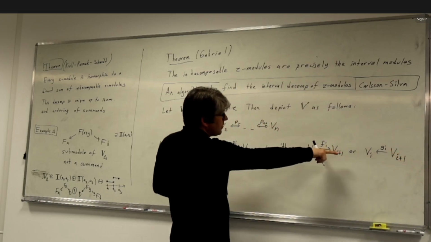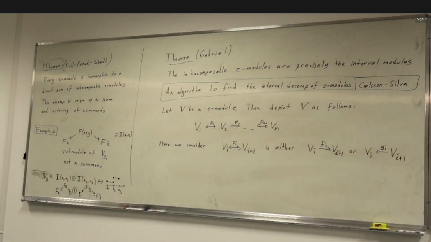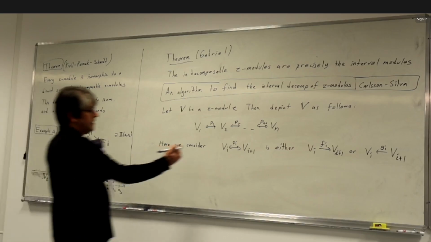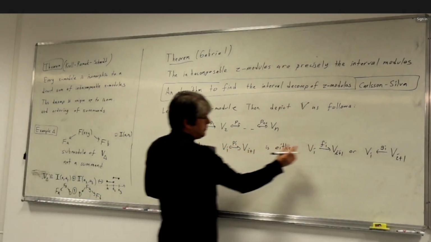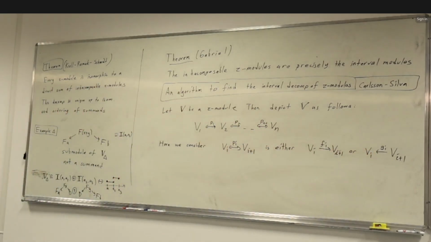So whenever it's forward, I write F. Whenever it's backward, I write G. So this notation would either mean F_i or G_i, depending on the direction.